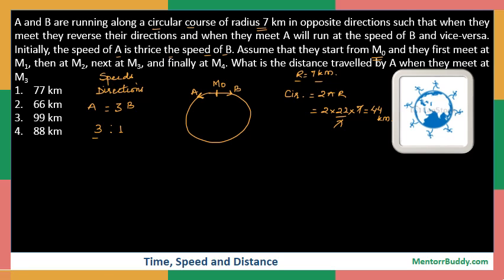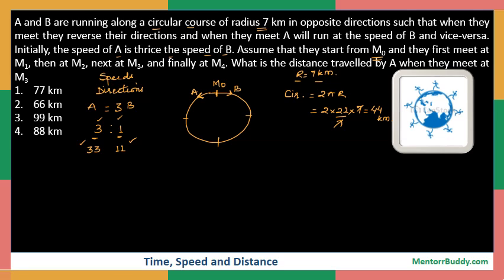And now when I divide it in 3:1 ratio, because please understand, if A is running with 3 times B's speed, so A will be covering 3 times the distance of B. And hence I can directly write it as 33 and 11 kilometers. So when A is covering 33 kilometers, B is going to cover 11 kilometers. And we can easily see that there are 4 segments here, 3 parts and 1 part. So I will divide this circle into 4 segments.